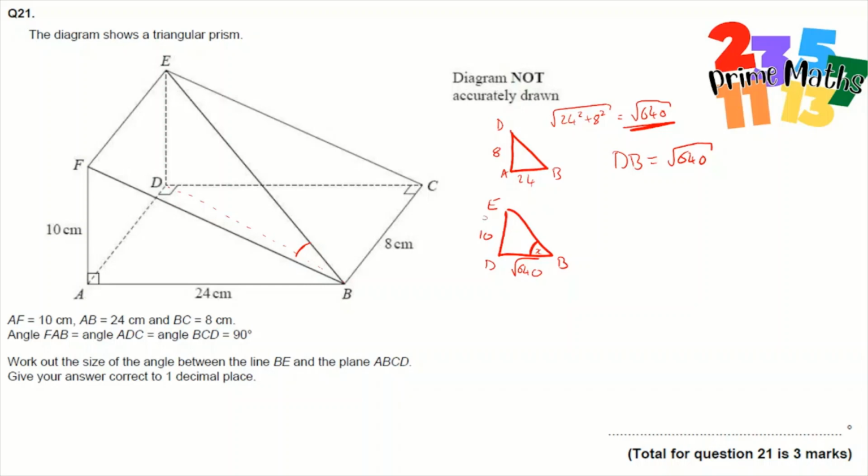I've got my opposite, I've got my adjacent, so I'm going to do tan of my angle is equal to my opposite over my adjacent, and if I use inverse of tan, that will give me my angle, which is 21.6.